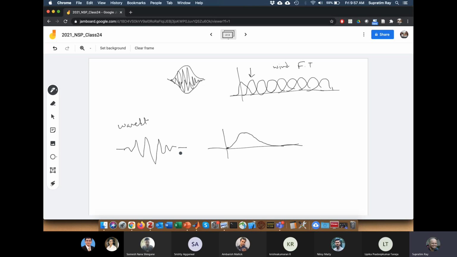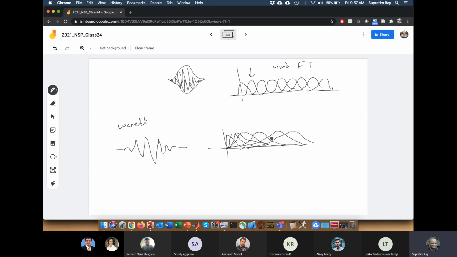But if you scale this function by a factor of 2 or 4, it actually is just stretching this function like that. So it's a very different way of filtering as compared to this one.